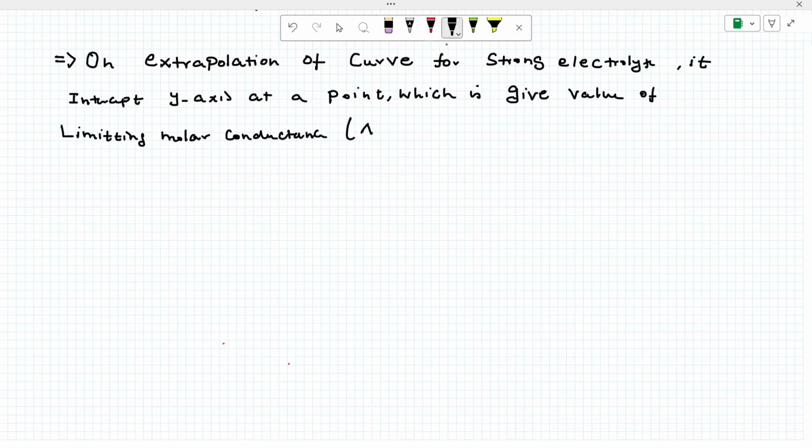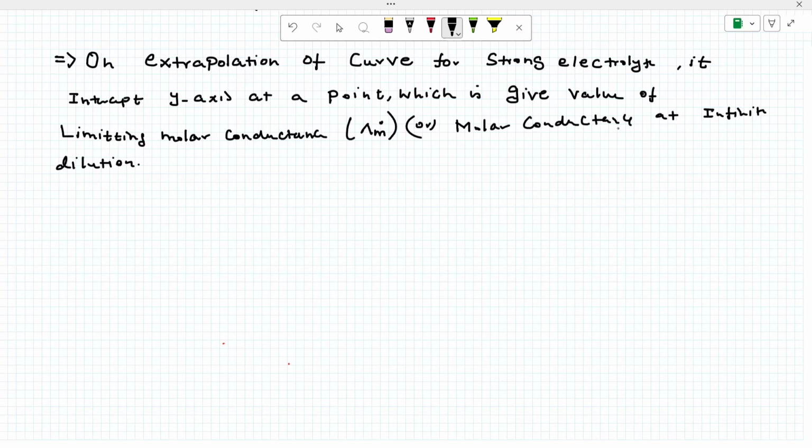Lambda m naught is also called the molar conductance at infinite dilution. Important, please note. Okay, this is for strong electrolyte.